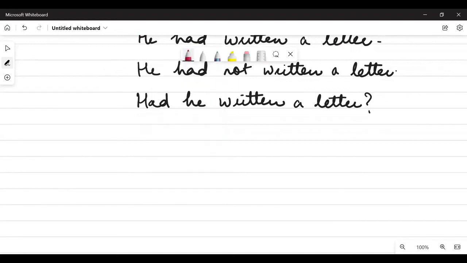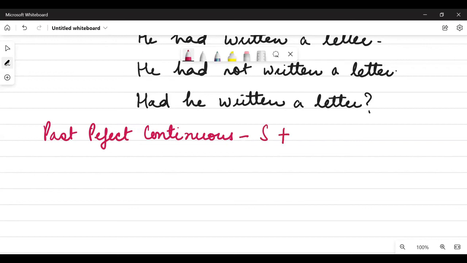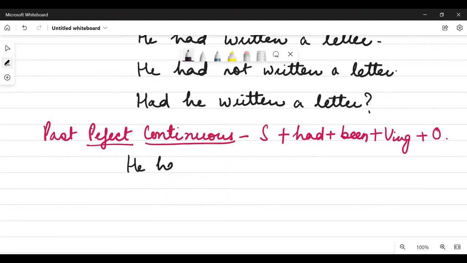And last in this is past perfect continuous. Now again, for perfect, we'll use had. It is continuous, so ing form of verb will also be there. And then we'll have been with had. So if the same sentence, let's see how it will be. It'll be, he had been writing a letter.